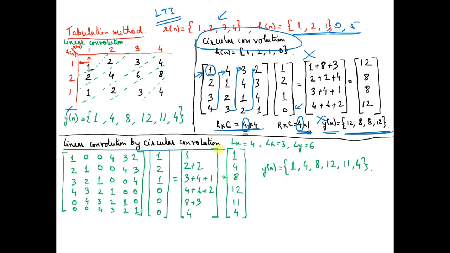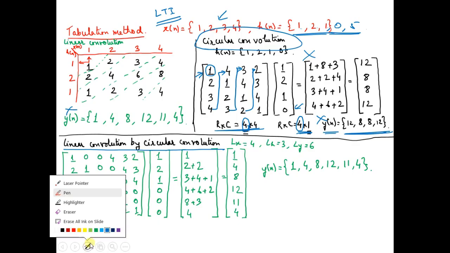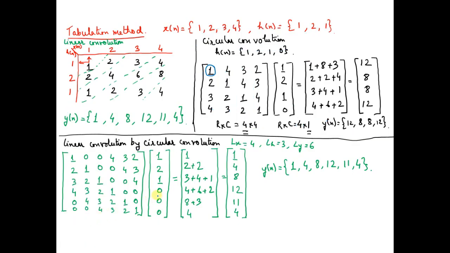Here, what we need to do is implement circular convolution, but in a way such that we are able to perform the linear convolution. So what is the way around? We need to find out what should be the length of our output signal y. We have calculated it to be 6.